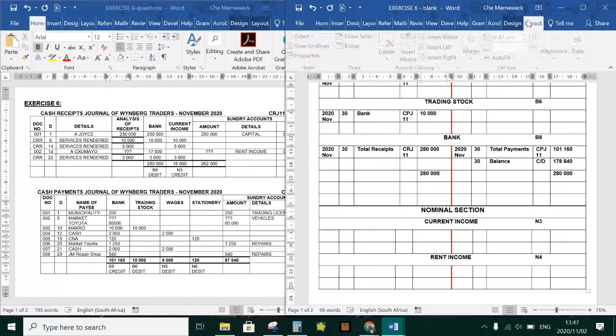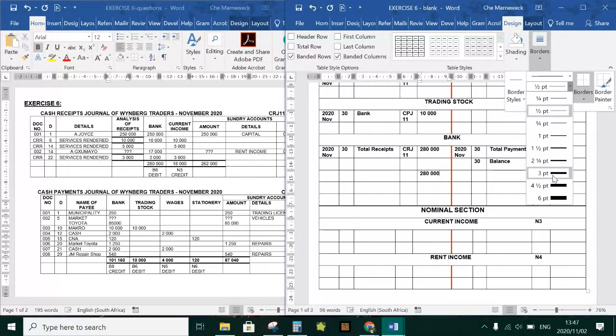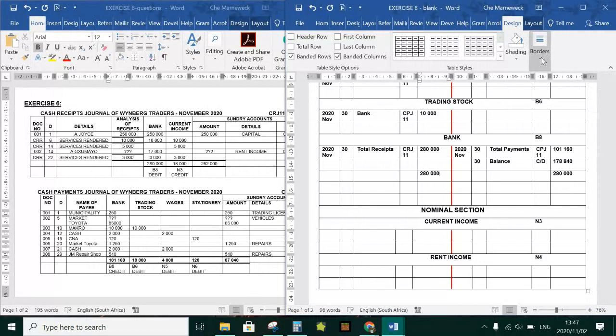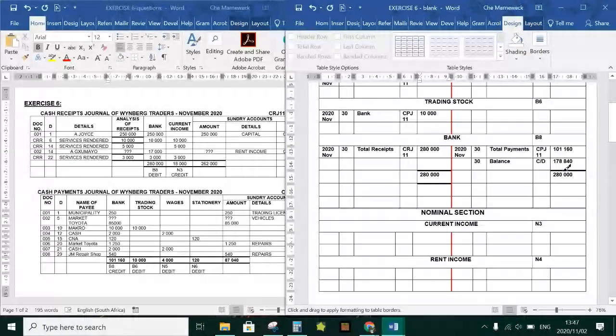Then use a ruler, and I'm going to draw a line, nice thick line. I draw it above my total, below my total, above my total, below my total.